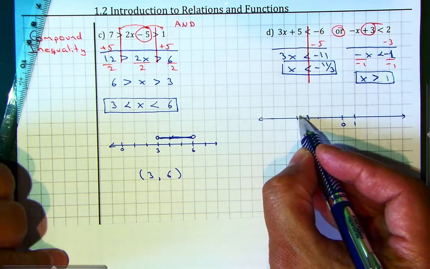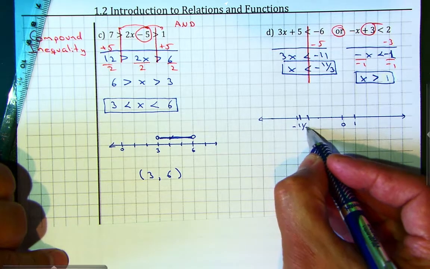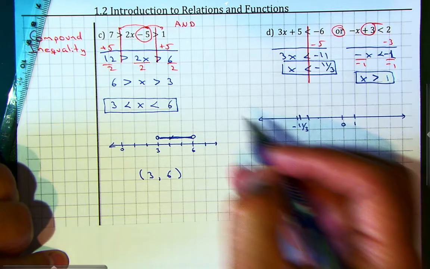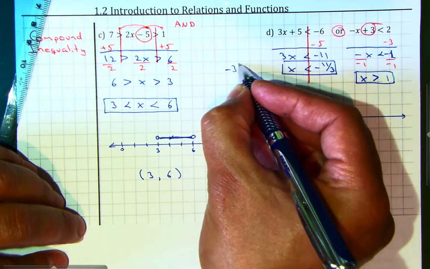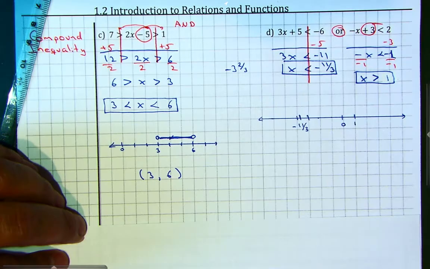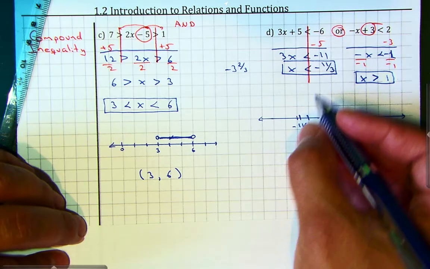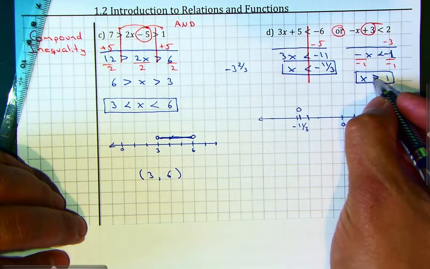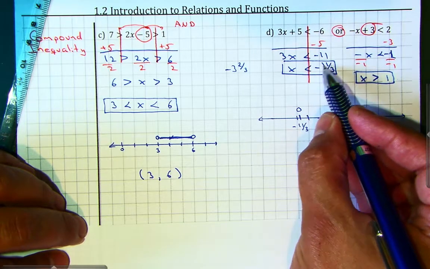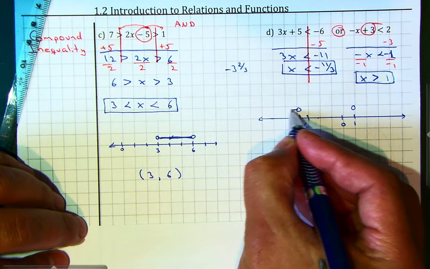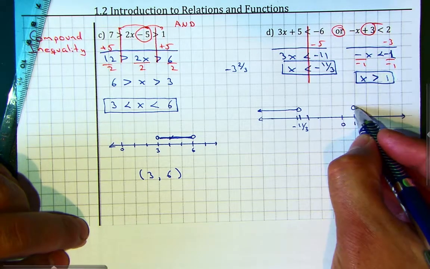Sorry, so it'll be negative 11 thirds. We can rewrite negative 11 thirds as negative 3 and 2/3. So therefore it's going to be open here, and it's going to be open as well. All the values that are less than negative 11 thirds are to the left. All the numbers that are greater than 1 are to the right.